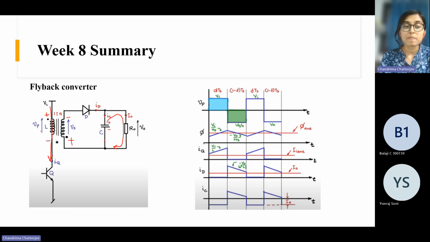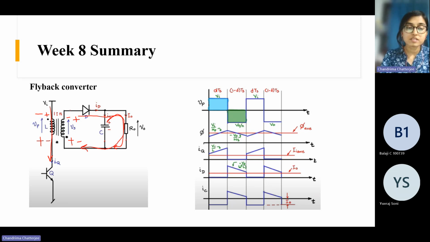So now this inductor polarity gets reversed like this, and it becomes plus, it becomes minus, and now the diode can conduct. So now the diode conducts and current flows in this path.